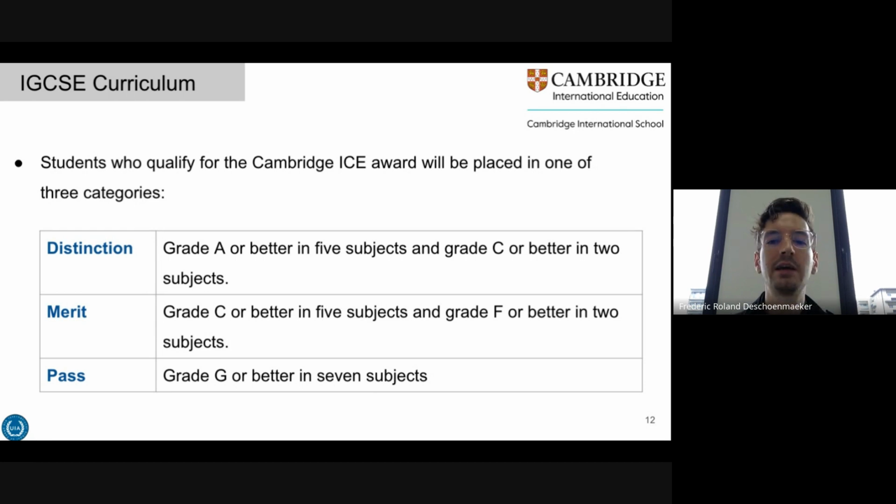That means A star in 5 subjects, along with a grade C or better in 2 other subjects. So it depends on the combination of grades. Merit would be grade C or better in 5 subjects, but an F or higher in 2 other subjects. And then a pass is a G in the 7 subjects, typically.